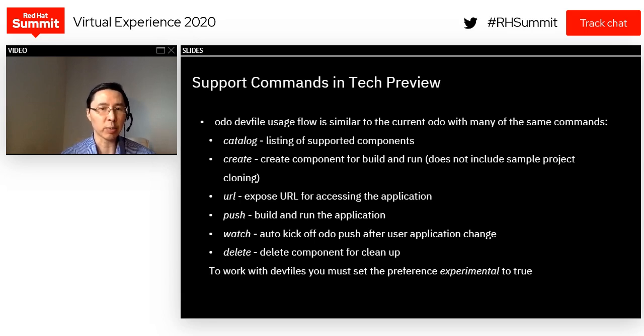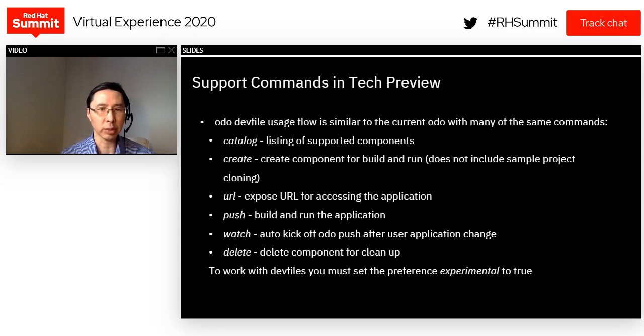Catalog provides you the list of components that are available. Create component allows you to link your application to that particular component to do the build. And then you can also have the URL command that allows you to expose the URL of your application, so that you can access and test your application.